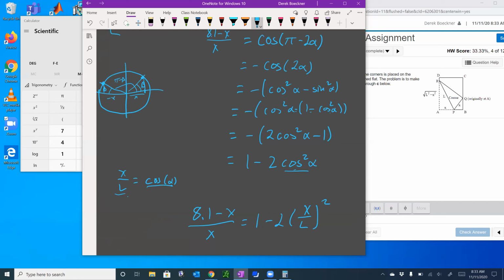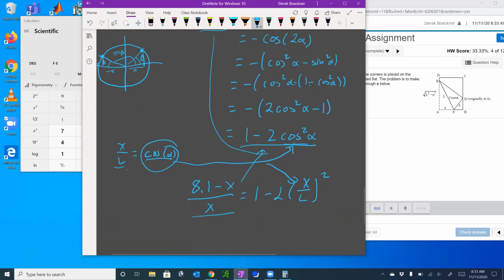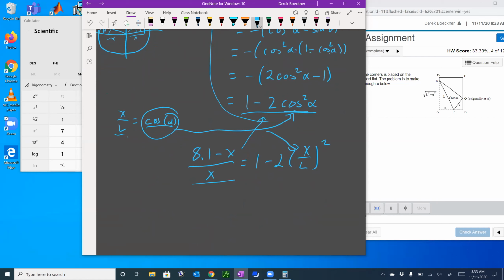Here's this, right? This is equal to this. So this 8.1 minus x is equal to that. And I'm just going to replace cosine of alpha there. Okay, I want L squared.